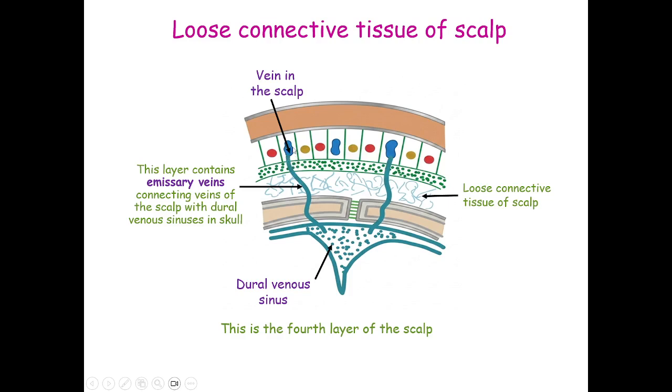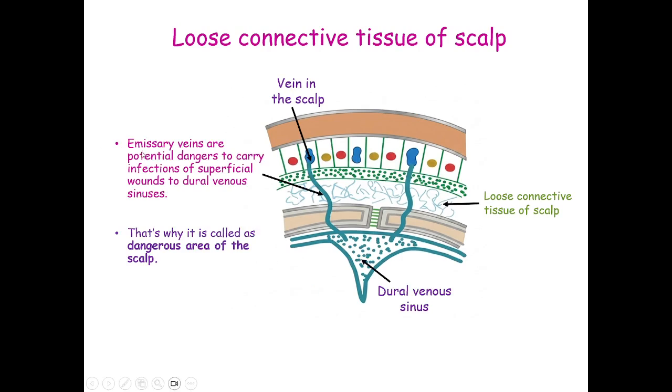So these are the veins of the scalp in the second layer, and we have shown one dural venous sinus. This is actually the midsagittal, superior sagittal sinus. Connecting them, a vein is traveling through this fourth layer. This vein is called an emissary vein. So lots of emissary veins will be present in the fourth layer, which are carrying blood from the veins of the scalp to the dural venous sinuses.